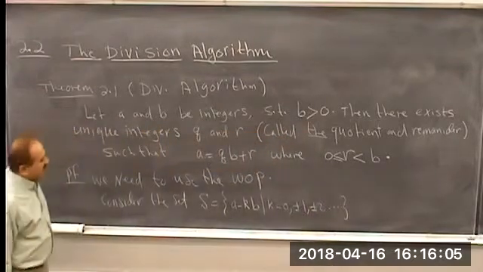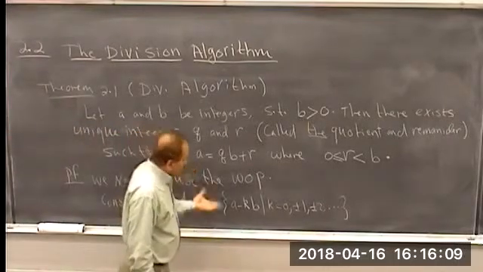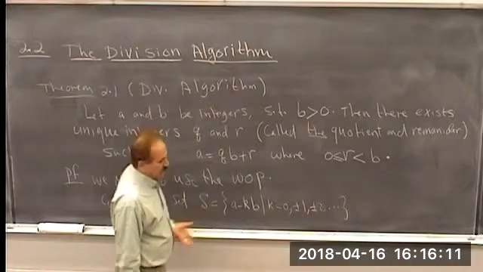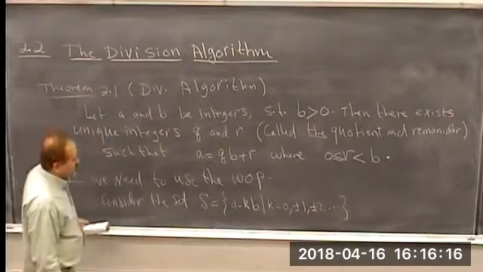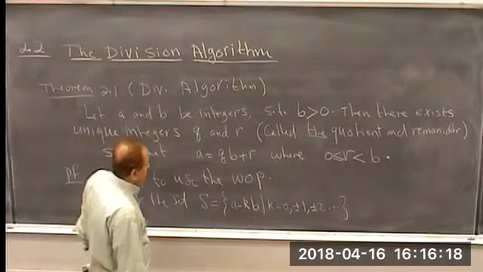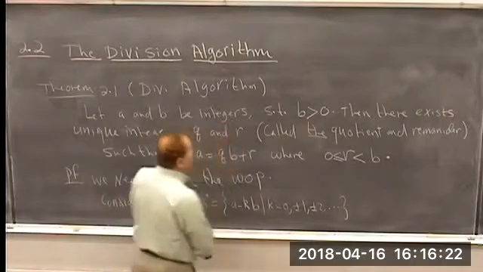Now, this set is going to contain positive integers, negative integers, and 0. So we need to take a subset of this that contains elements where this is actually non-negative.